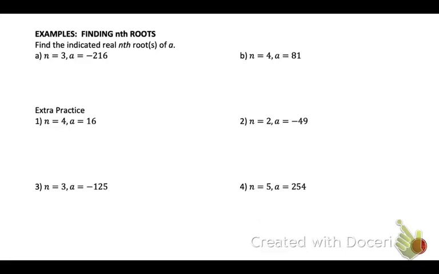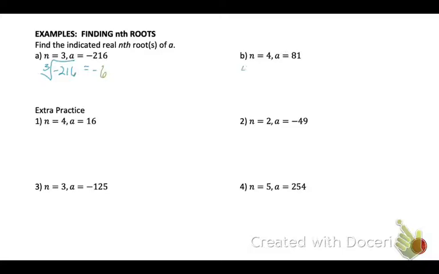So we're going to find the indicated real nth root of a. Rewrite this as a radical. So n is our root, so the 3rd root of negative 216. You're looking for a number that you can multiply by itself 3 times that will give you 216, which is not 3. So we need that to be a 6. And then it's going to be negative, because we need to take negative 6 raised to the 3rd power to give us negative 216.